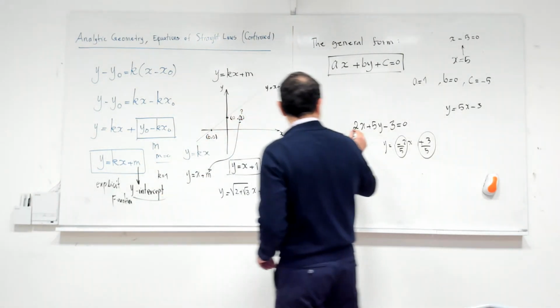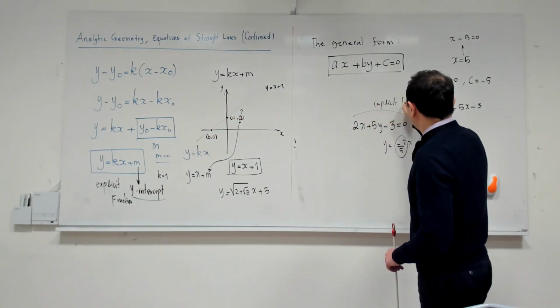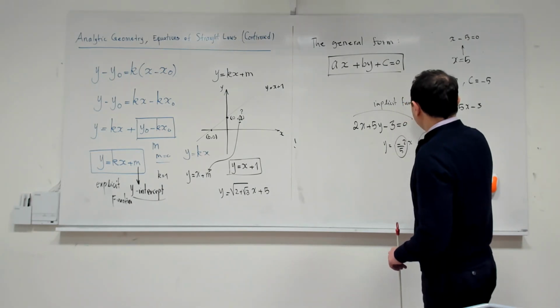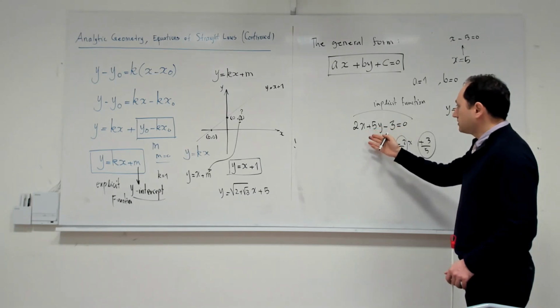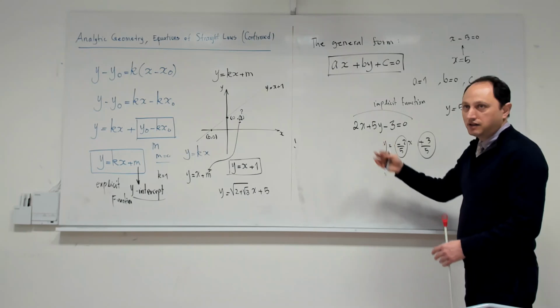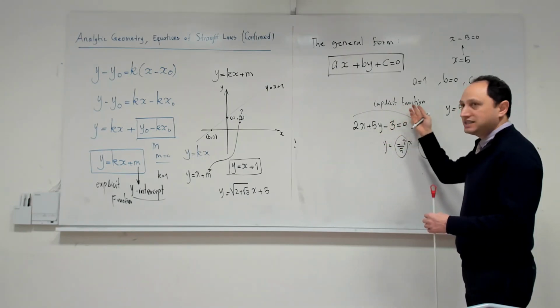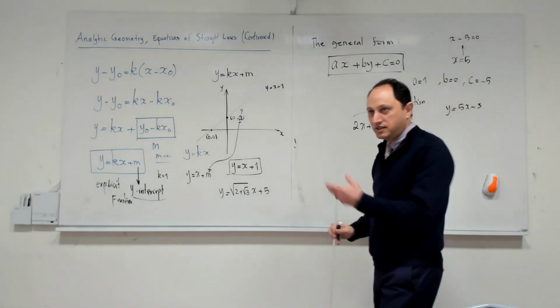But this way of writing is called implicit function. So this means that even though y is related to x, this is a mixture of x and y on one side, so y is implicitly expressed in terms of x, but not explicitly. Yeah, this is good to know.